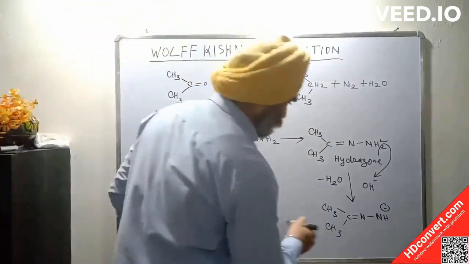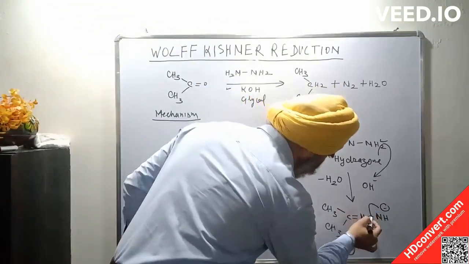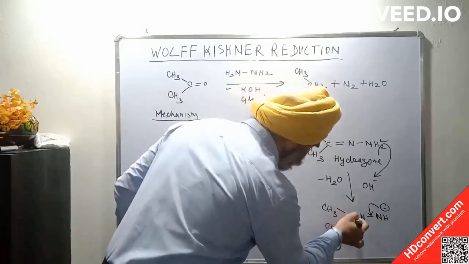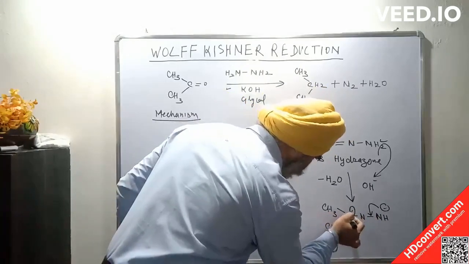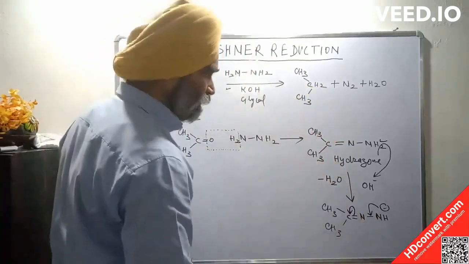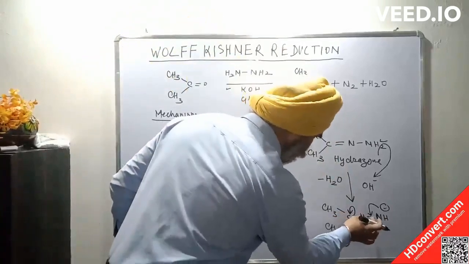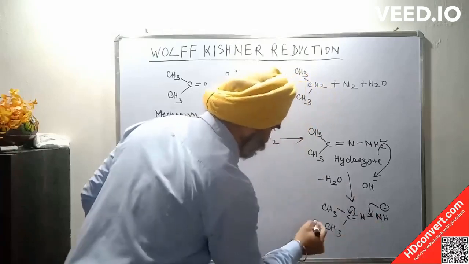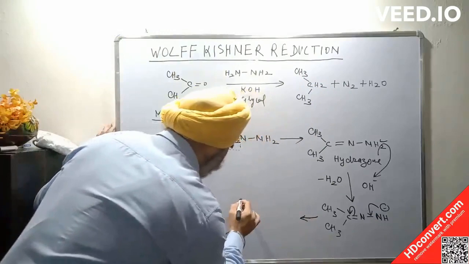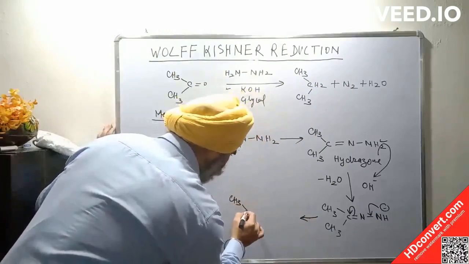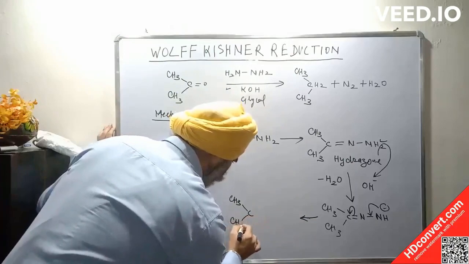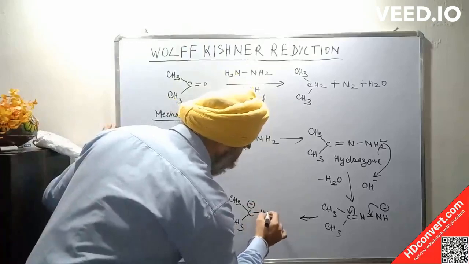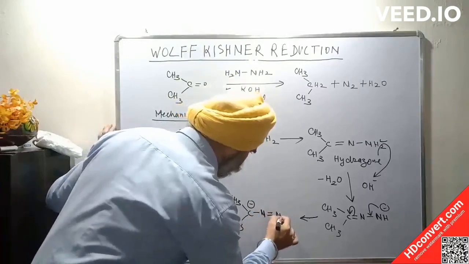Now what will happen? This negative charge will shift here and this carbon nitrogen double bond pair will shift here. So what we will get? There will be the formation of a double bond between nitrogen and nitrogen, and there will be negative charge on carbon. So we will get CH3, C, CH3, with negative charge on carbon, and a double bond between nitrogen and nitrogen.